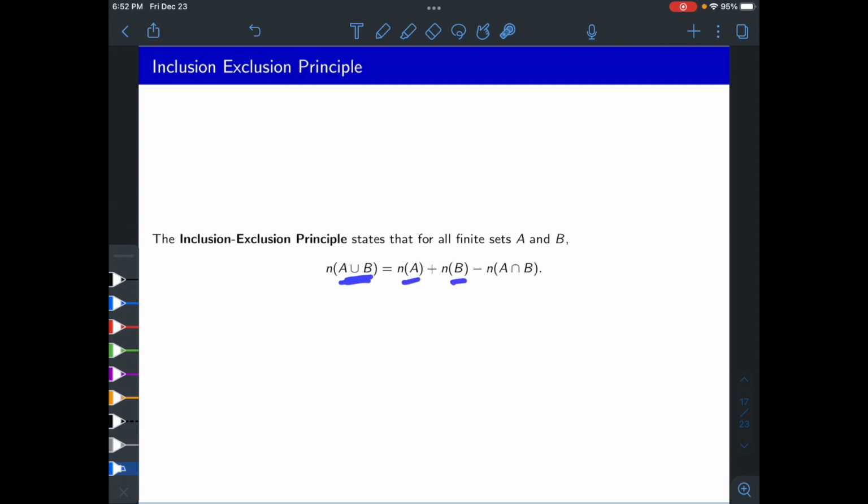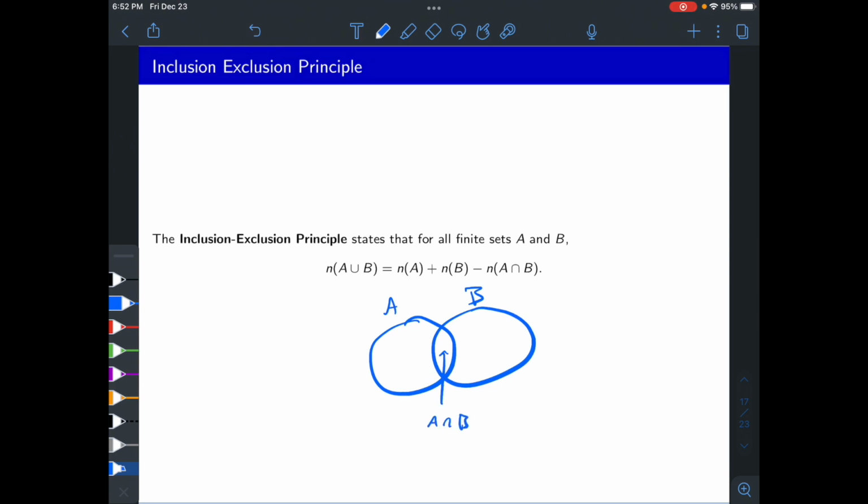The idea is exactly the same. You have A, you have B, and then A intersect B in the middle here. You just take all the elements in A, add it to all the elements in B, and now you've double counted everything in the middle, so you just subtract it once to compensate for double counting.